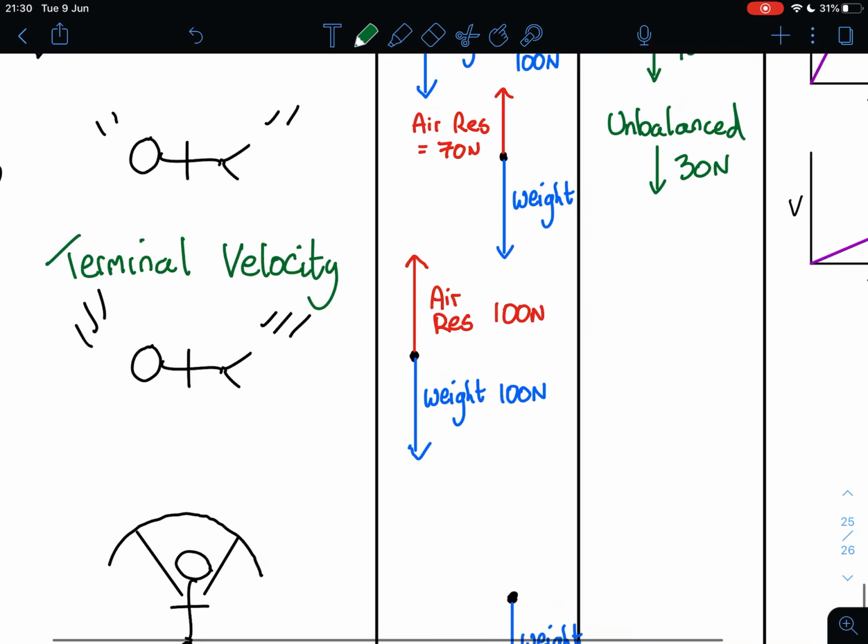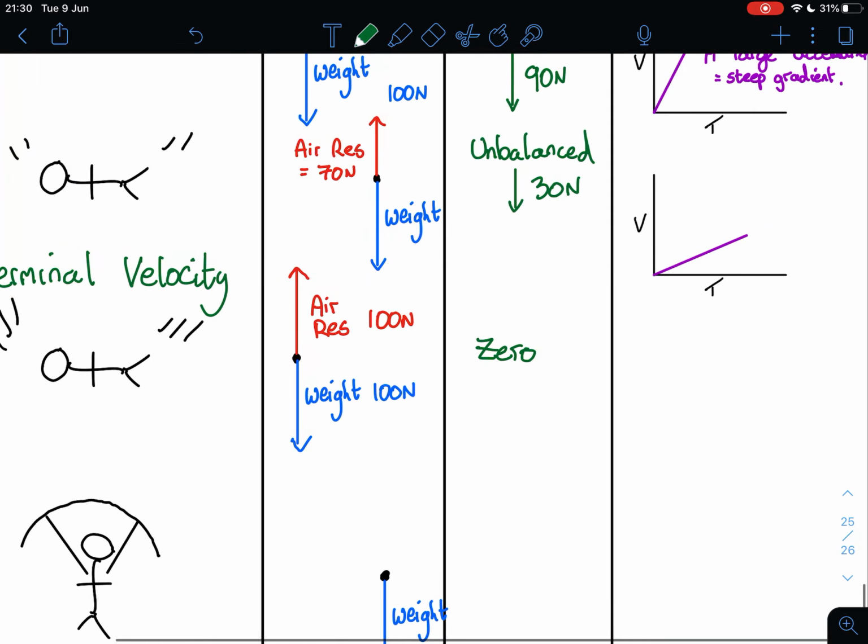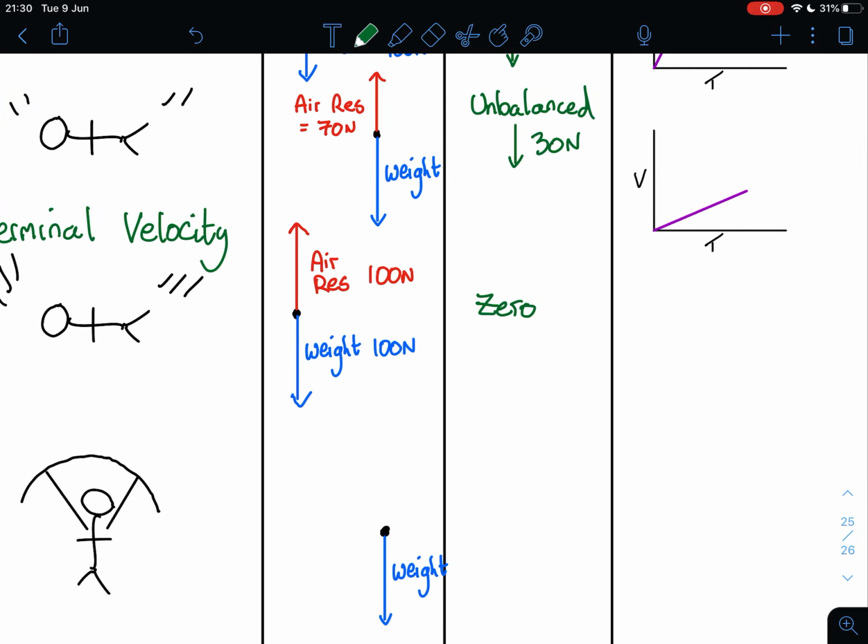So, resultant, 0. 100 minus 100 in vectors like this will be 0. If you have 0 force acting on an object, you have 0 acceleration acting on an object. So if I line that up, I can delete that.